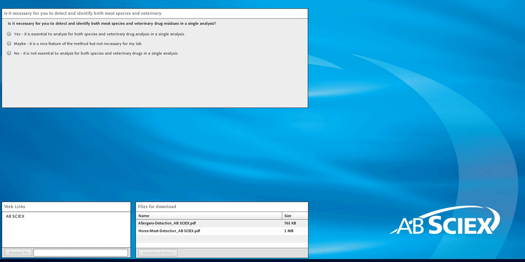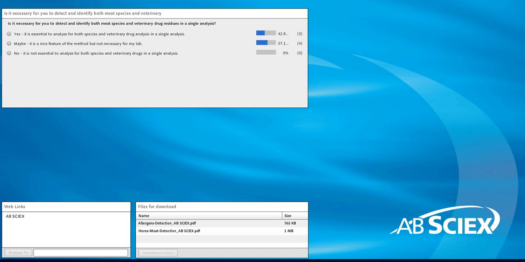Your choices are: yes, it's essential to analyze for both the species and the veterinary drugs in the single analysis; maybe it's a nice feature of the method but not necessary for your lab; or no, it's not essential to analyze for both species and veterinary drugs in a single analysis. So again, is it necessary for you to detect and identify both meat species and veterinary drug residues in a single analysis?